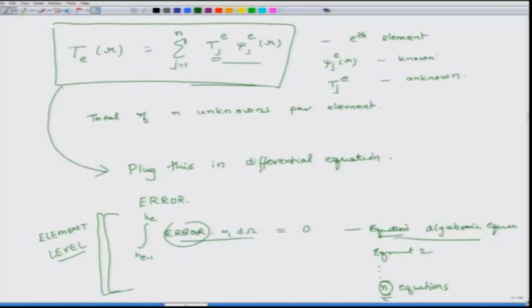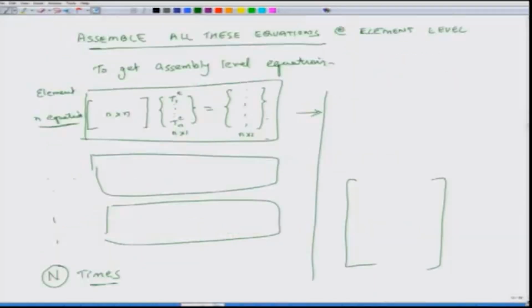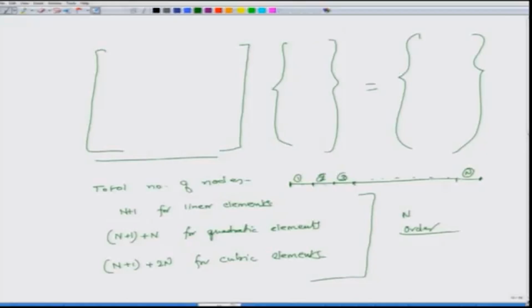Then you find it for the first element, second element, third element, for all the n elements. Then you do the assembly, and the total size of your matrix will be n plus 1 for linear, n plus 1 plus n for quadratic, and so on. So this is the assembly process.